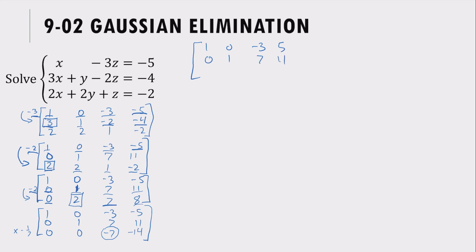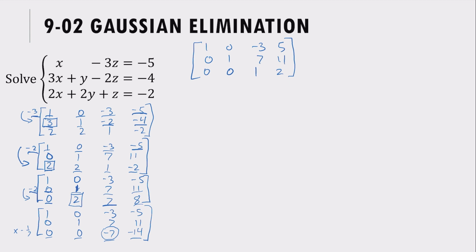The bottom row becomes negative 1/7 times 0, negative 1/7 times 0, negative 1/7 times 7, negative 1/7 times negative 14. All right, so that is row echelon form. And that's where we stopped before.